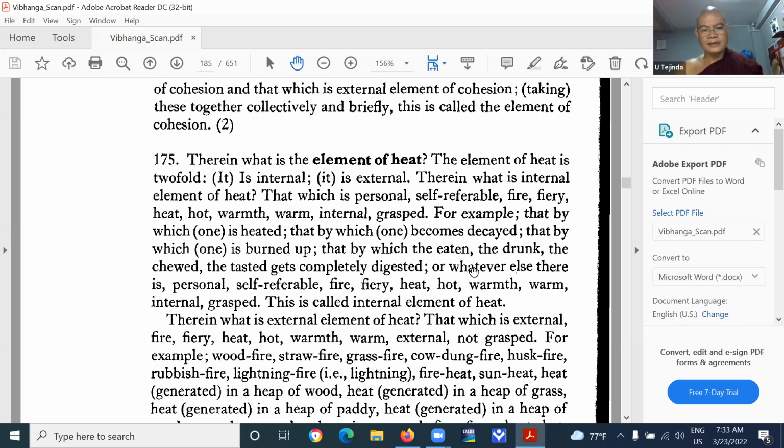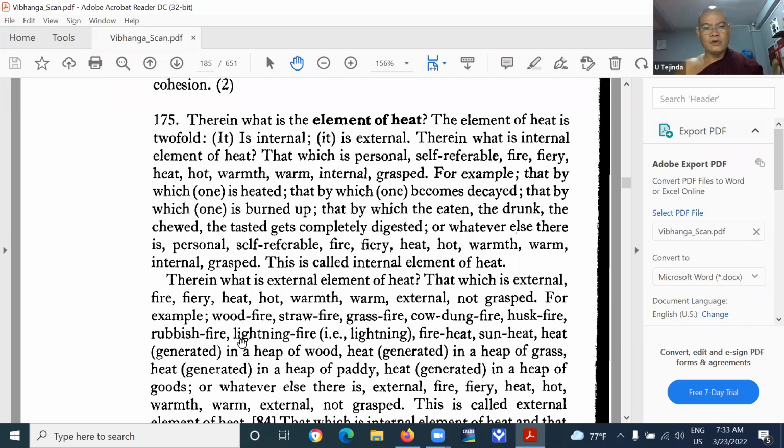Kataki, wood fire. Palalaki, straw fire. The Tinagi, grass fire. Gomeyaki, here, cow dung fire.